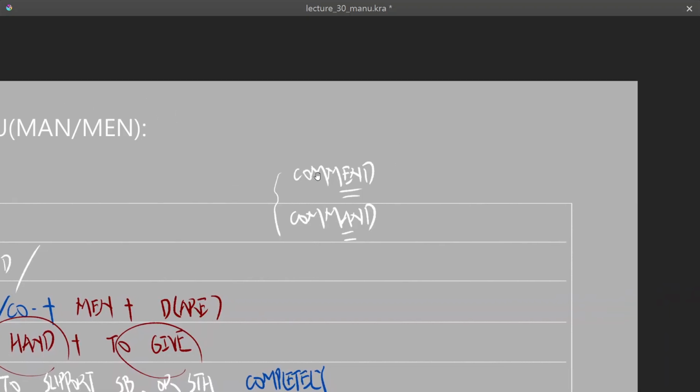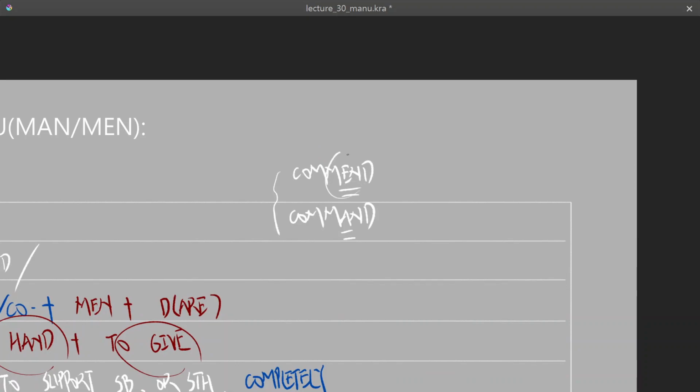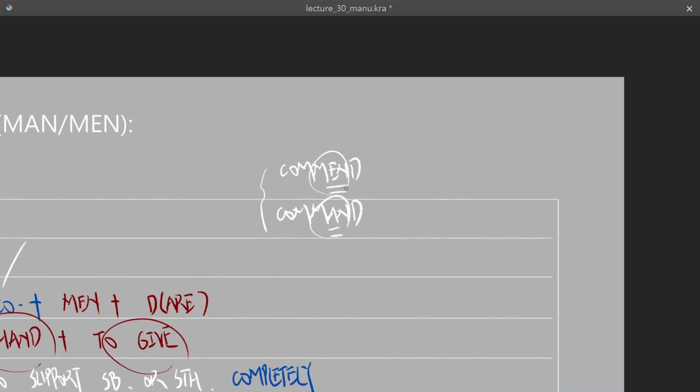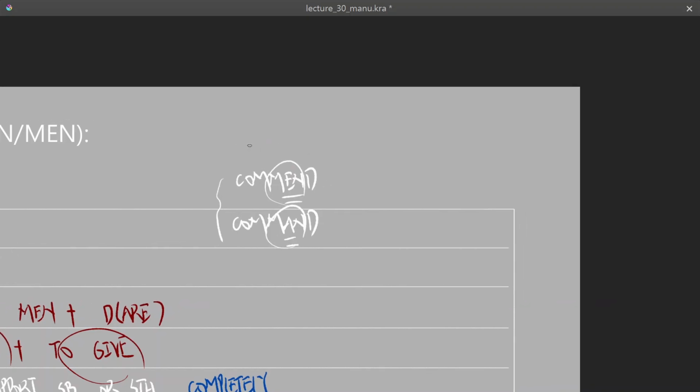So we have man, meaning many people. This is the plural of men. So just memorize this as many people, a group of people.